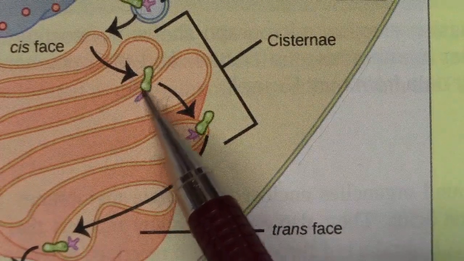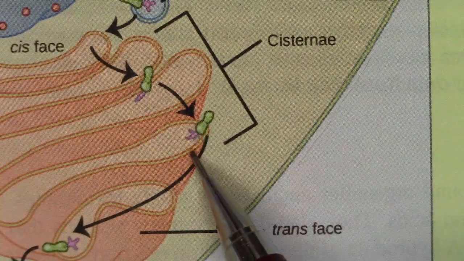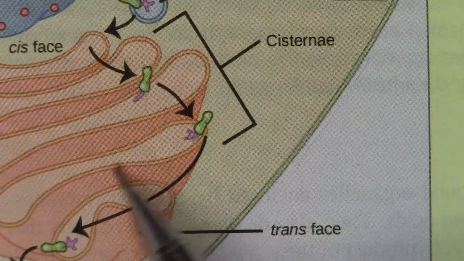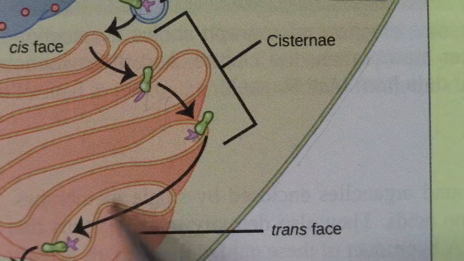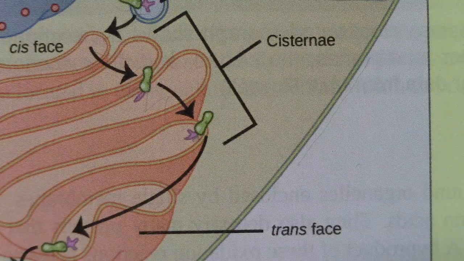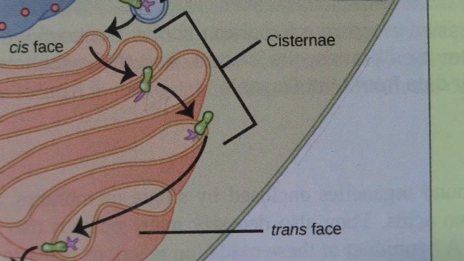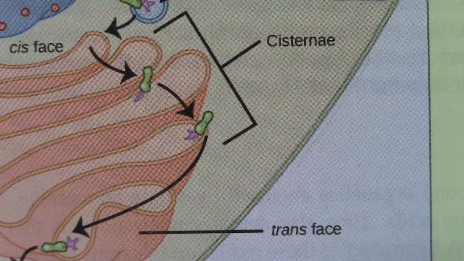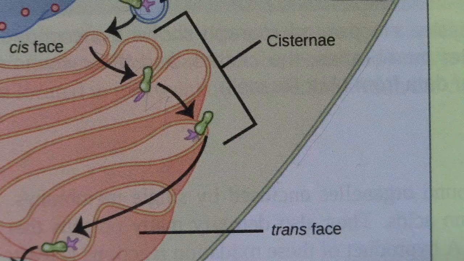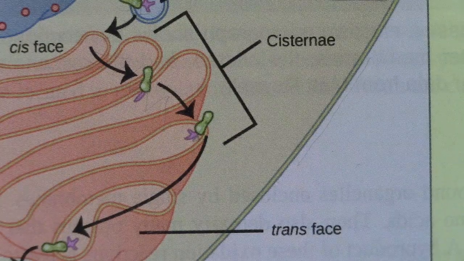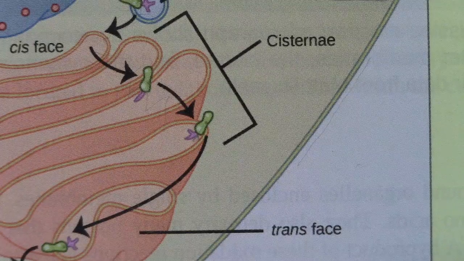It gets modified as it moves now through the Golgi. Finally, a piece of the Golgi, which is also membrane bound, buds off. So this is a piece of the Golgi membrane with the protein still attached. And then this vesicle, the orange vesicle, moves to the cell membrane and fuses with the cell membrane.